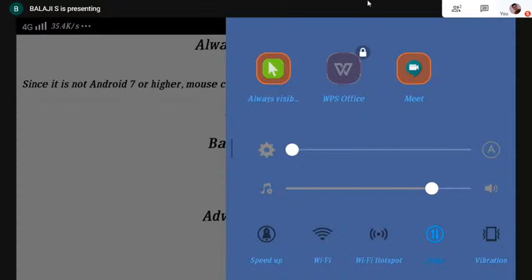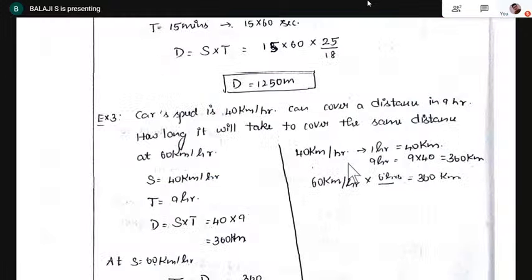How many kilometers will it travel in 1 hour? 40 kilometer. In the question it is given as 9 hours, so for 9 hours it will travel 9 into 40, which is equal to 360 kilometer. See how easily we got that answer. Instead of just putting in the formula and substituting, we found it in just a fraction of seconds.